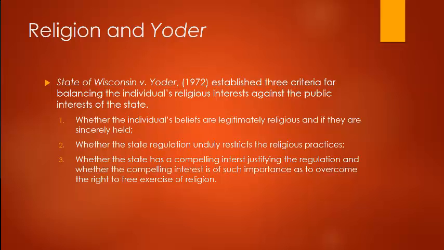So the state agreed to that. And then finally, whether the state had a compelling interest justifying the regulation and whether that compelling interest is of such importance as to overcome the right to the free exercise of religion. And in the case of Yoder, they said it did not. Okay, the state of Wisconsin did not. And so that's why the court ruled in favor of Yoder.